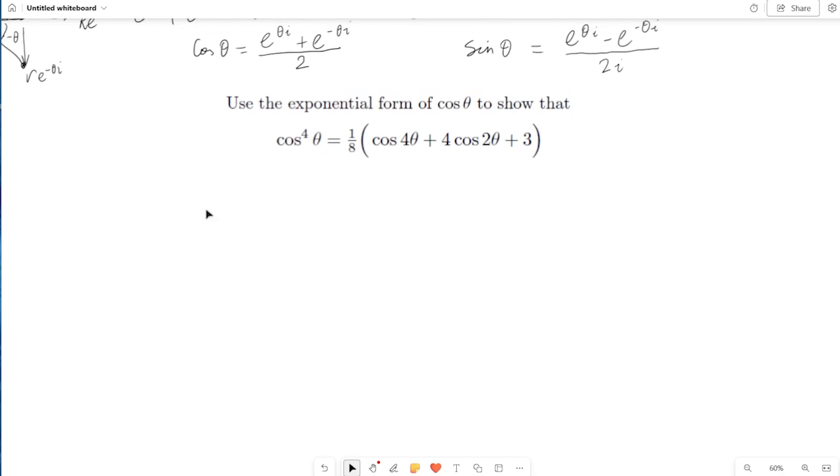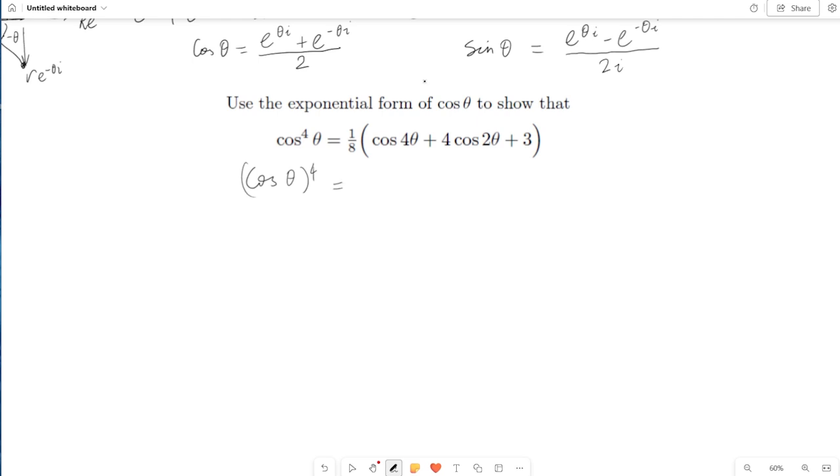Okay, so firstly, if we look on the left-hand side, we can see that it's a power of 4. So we can write it as cosine theta to the power of 4. And since it asks us to use the exponential form, we just replace cosine theta with e to the power of theta i plus e to the power of minus theta i over 2.